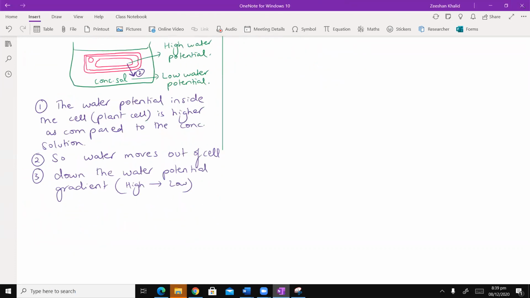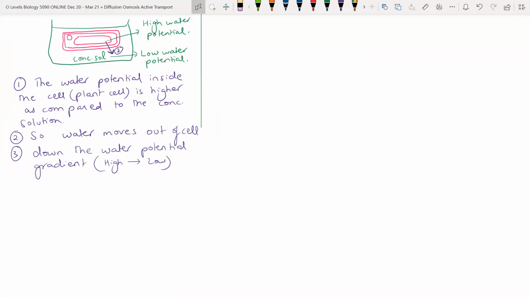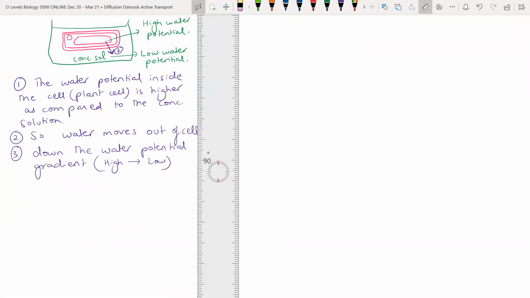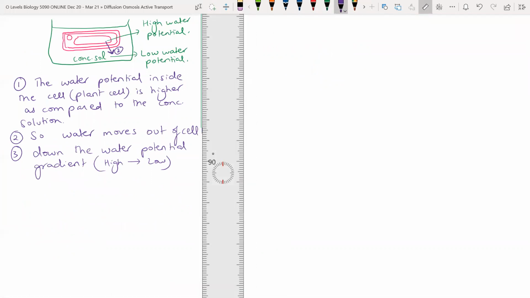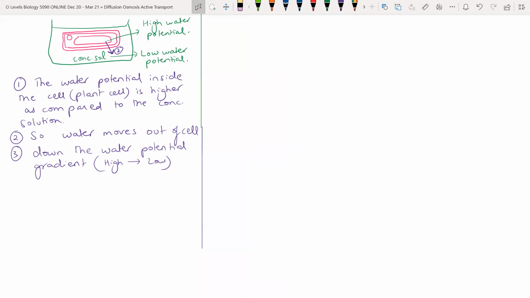So it moves from a region of high to low water potential, through, I'm writing all three osmosis points, through the semi-permeable membrane, by which process?